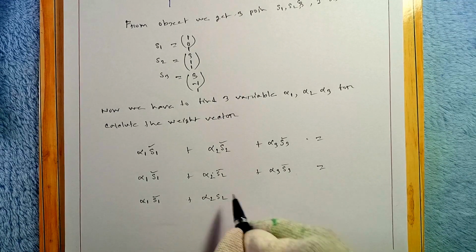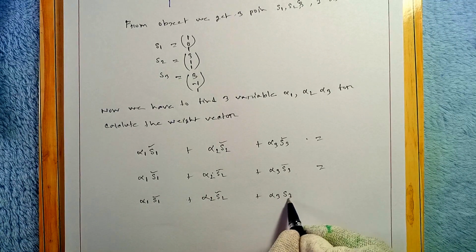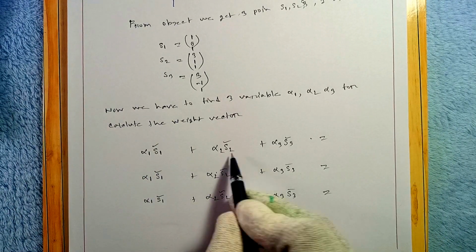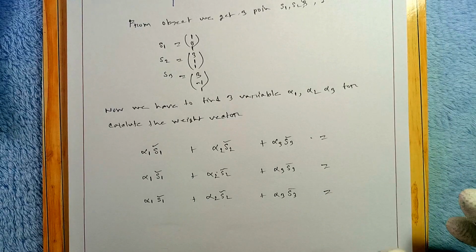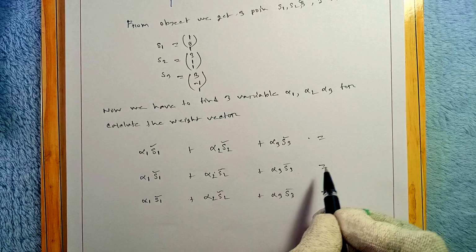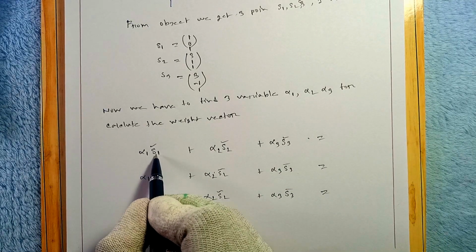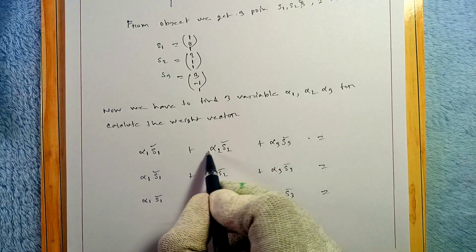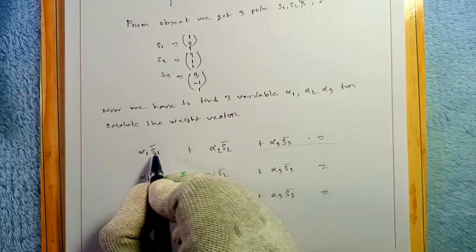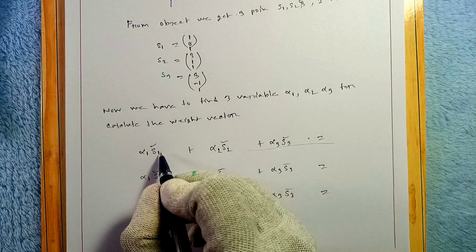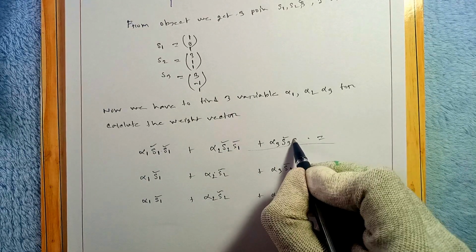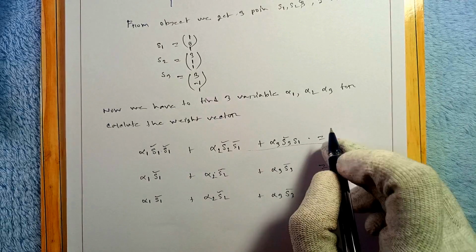Here we just write alpha 1 S1, alpha 2 S2, alpha 3 S3. That's it. Now the formula is easy if you write it this way. So for this line we will calculate the value for S1. At every place we add S1: here S1, S1, S1.